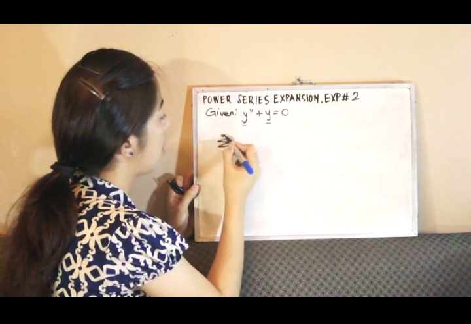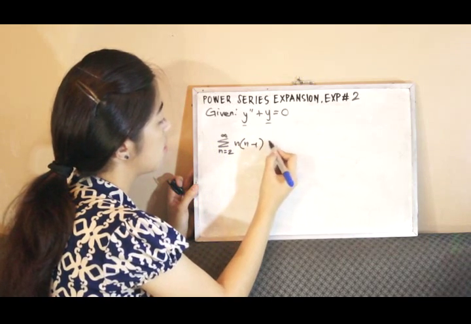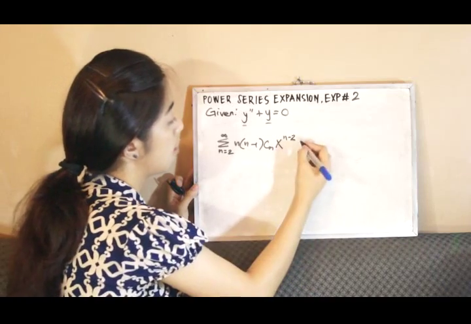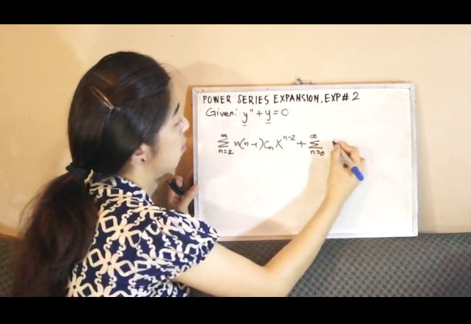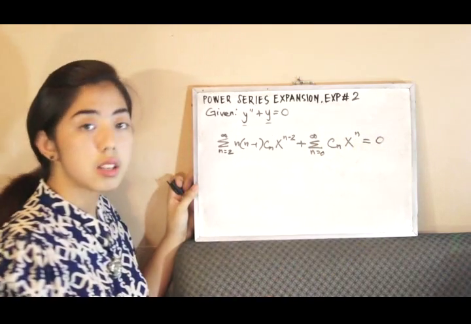So y double prime is equal to n minus 1 c sub n x to the n minus 2, plus y, which is the summation of c sub n x raised to n, equal to 0.